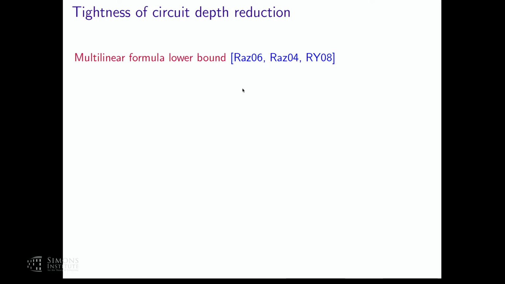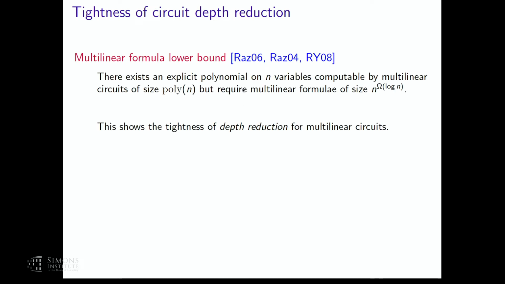Okay. So there are results that I already mentioned. Let me go through them slightly quickly. There exists an explicit polynomial on n variables computable by multilinear circuits of poly size that requires multilinear formulas of size n to the omega log n. This result from 2006 shows depth reduction is tight for multilinear circuits.